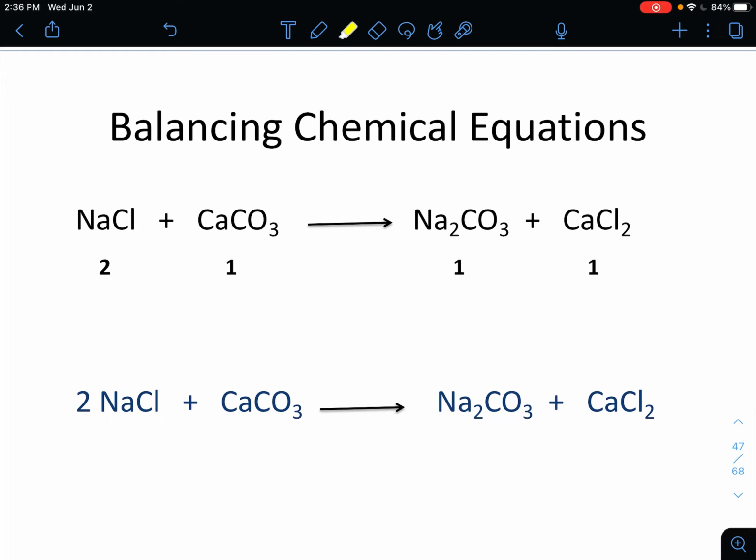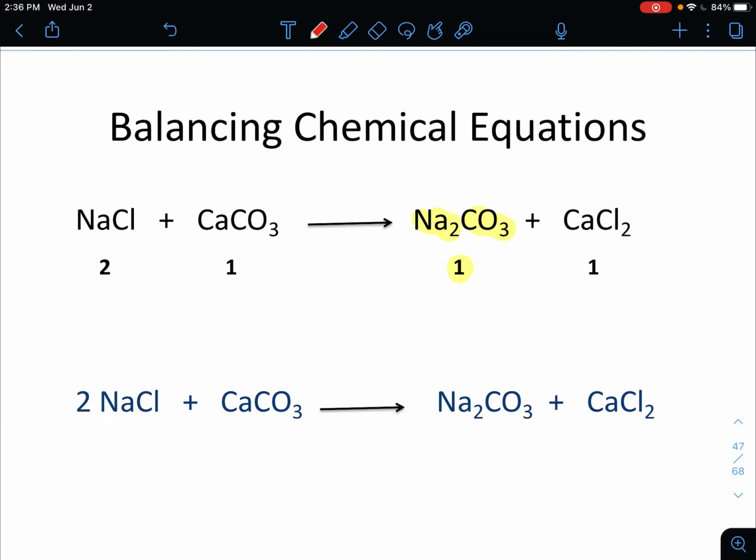So I picked a few examples already worked out. Sodium chloride plus calcium carbonate makes sodium carbonate plus calcium chloride. I identified sodium carbonate as the most complicated because it has 3 total ions, 2 sodiums and 1 carbonate, so 3 total overall.